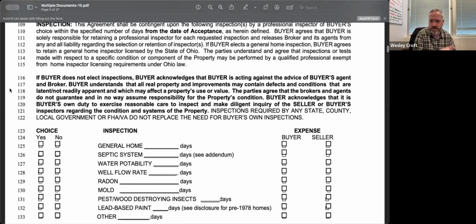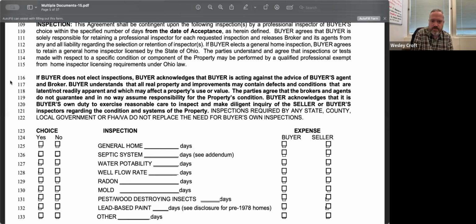Lines 116 to 122 are super, super, super important. I tell my buyers this, I actually read this to them. If buyer does not elect inspections, buyer acknowledges that buyer is acting against the advice of buyer's agent and broker. Buyer understands that all real property and improvements may contain defects and conditions that are latent, not readily apparent, and which may affect a property's use or value.